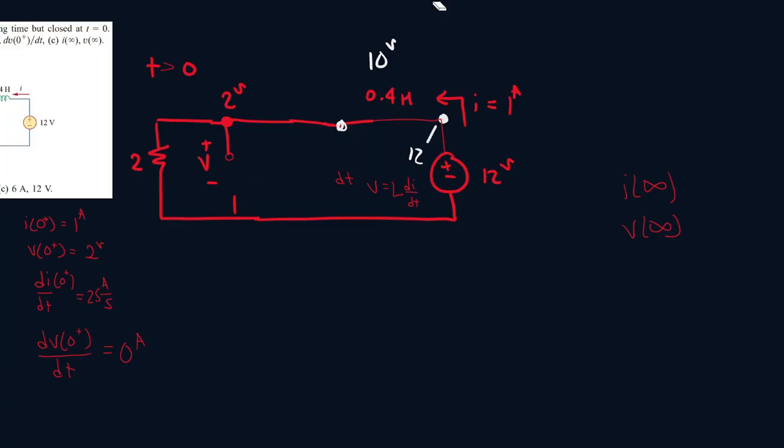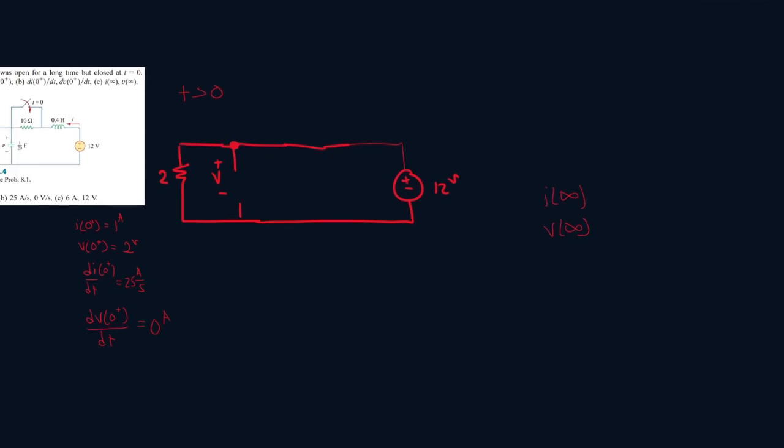So we have a new circuit like this. What we have to do is find the current passing through here, which will be 12 volts over 2 ohms.